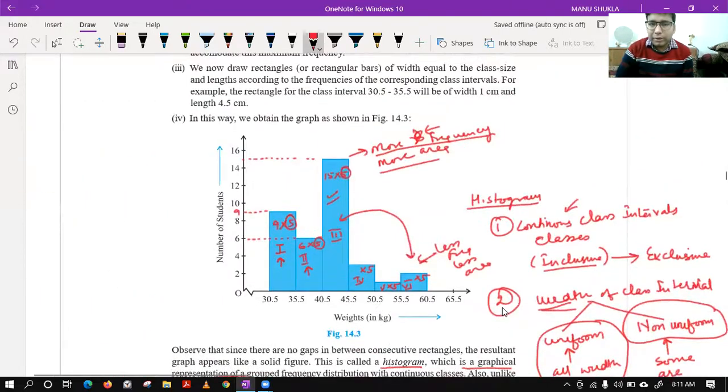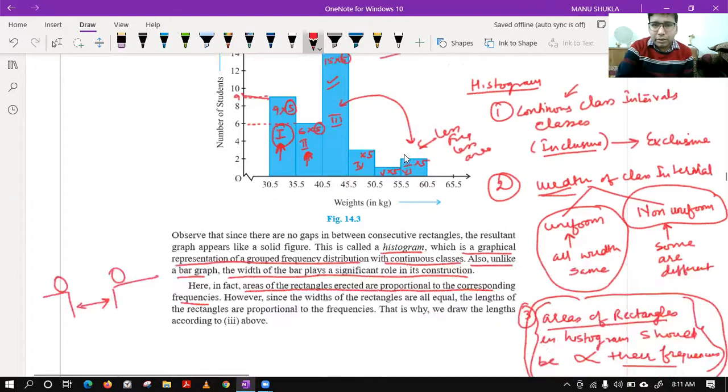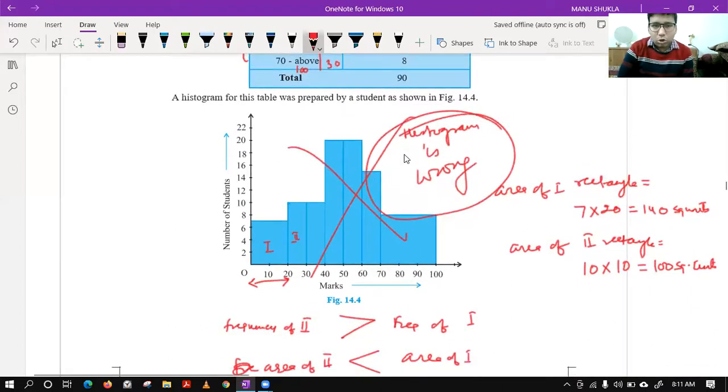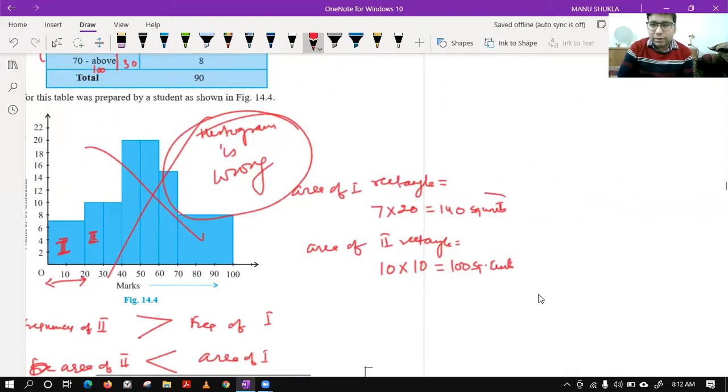You can see the frequency of the first bar is more than the second bar, so its area should also be more than the second bar. But in the next case we saw yesterday that although the frequency of the first rectangle is less than the second rectangle, the area of the first rectangle came out more than the second.